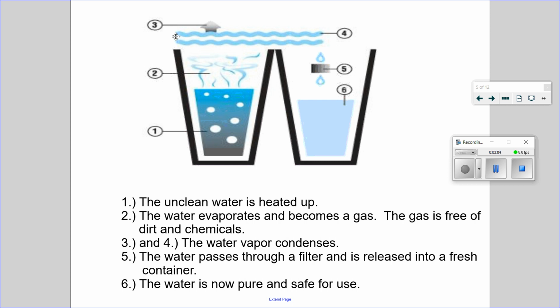Okay, in steps 3 and 4, the water condenses. And in step 5, the water is going to pass through a filter and is released into a fresh, clean container. So for step 6, you now have pure, safe, drinkable water, free of all the salt and dirt and anything else.